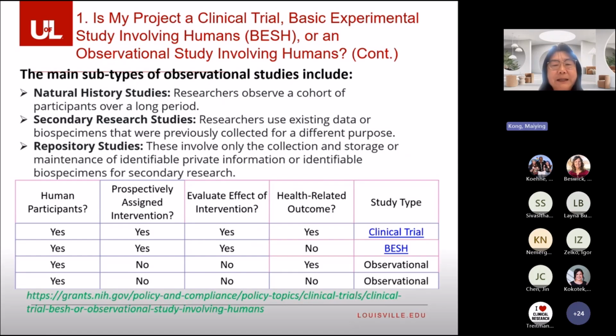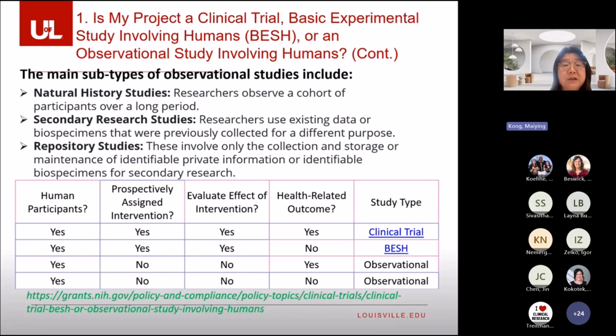The main subtypes of observational study include natural history studies, where researchers observe a cohort of participants over a long period. Also secondary research studies, which use existing data or biospecimens that were previously collected for a different purpose, for example Medicare data and Medicaid data.